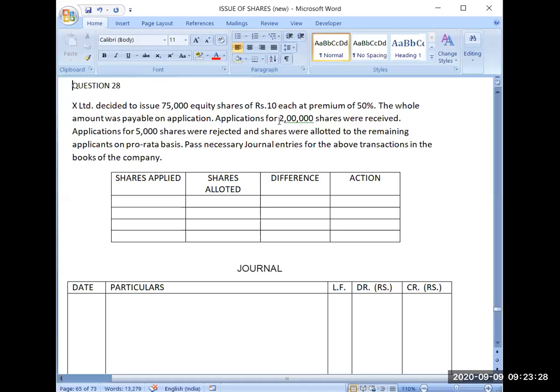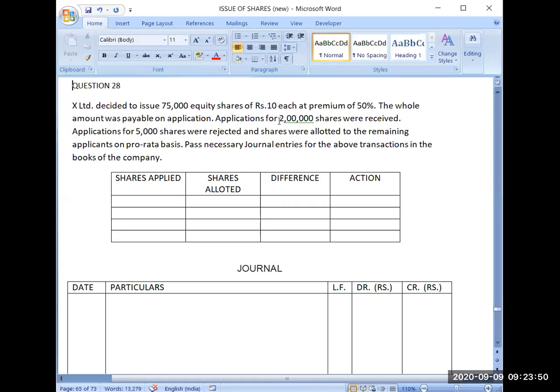So the rest of the applications have been allotted 75,000 shares on pro rata basis. Because the number of applications is much more, we have reduced shares for each application and given them somewhat fewer shares.